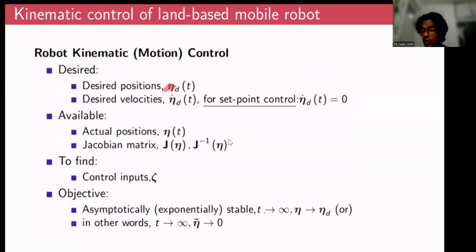We have a desired position of a robot as a function of time, and we also have a desired velocity of the robot as a function of time.